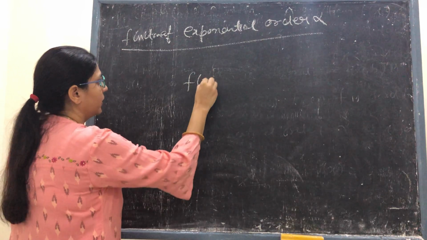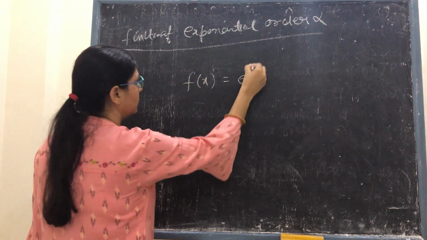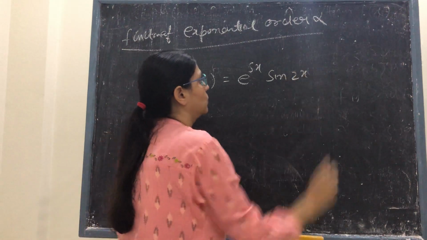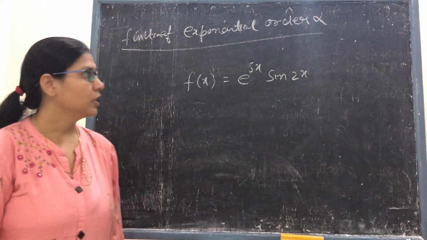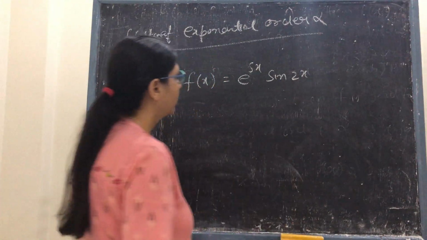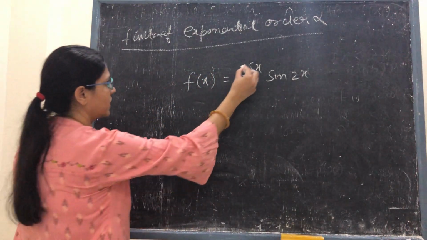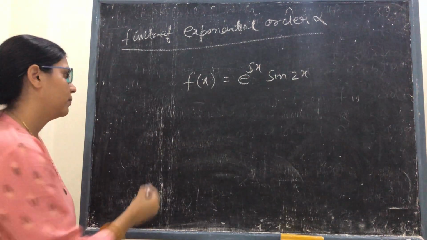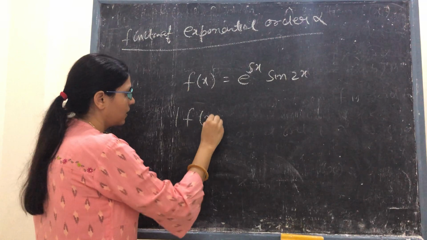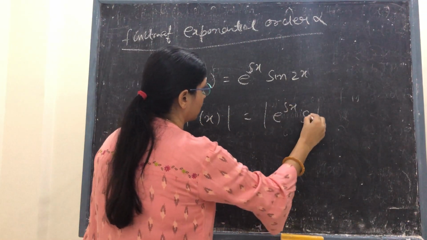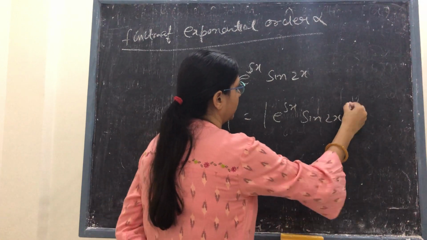Now let f(x) equal e raised to the power x sine of 2x. What is the exponential order of the function f(x)? We can take the mod of the function f, which equals mod of e raised to the power x sine of 2x.